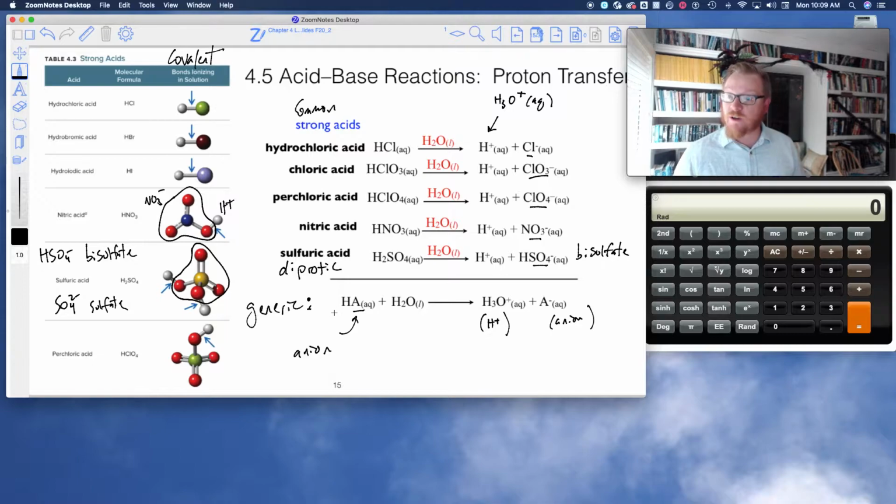That's the SO4 2 minus. And you can see to balance that 2 minus, there is actually these hydrogens that are bonded there. Okay. Same with the perchloric acid, right? Here is the perchlorate, right? The ClO4 minus, and there's that hydrogen bonded to it.